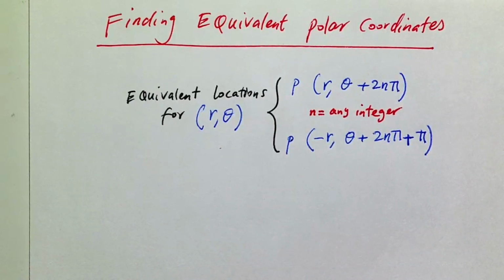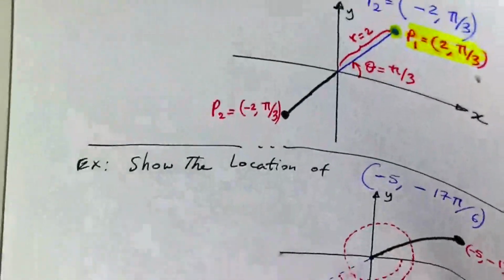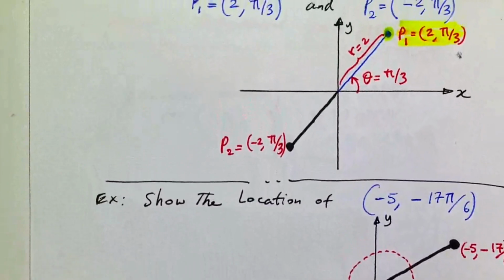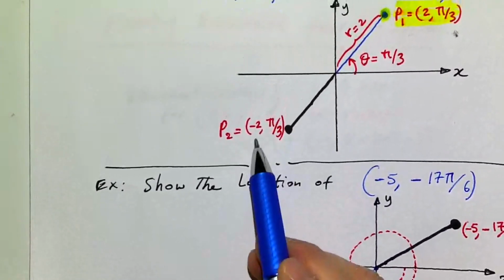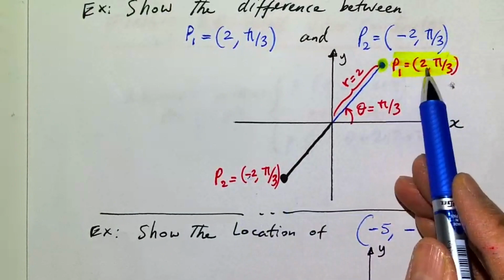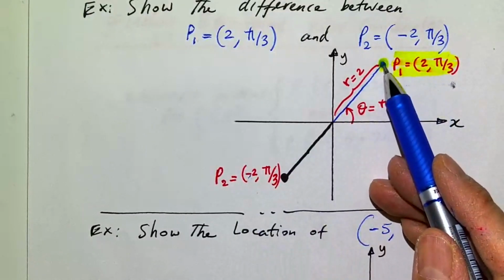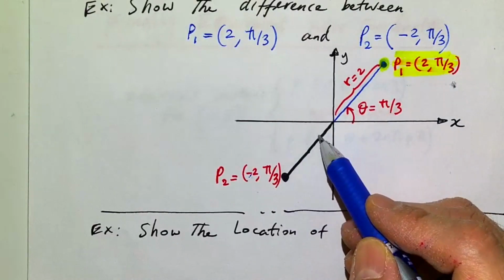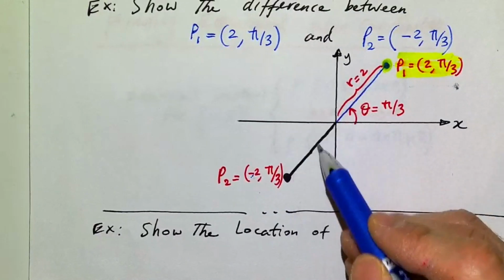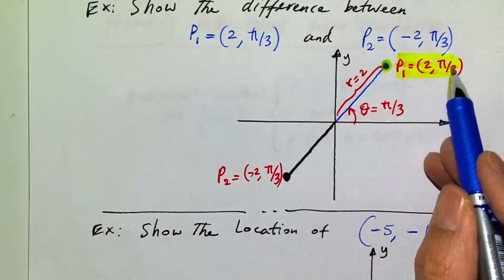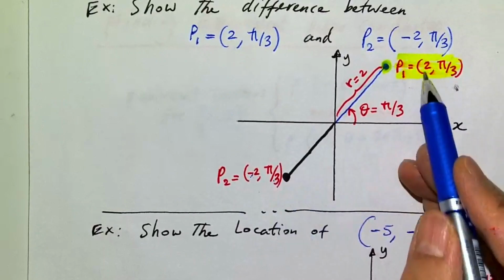I keep referring back to these last two examples that we did. Notice how with a negative r value, the location of that point was thrown off by π. We went 180 degrees. There was a 180 degree difference between these, which have the same θ, notice, but different r values.